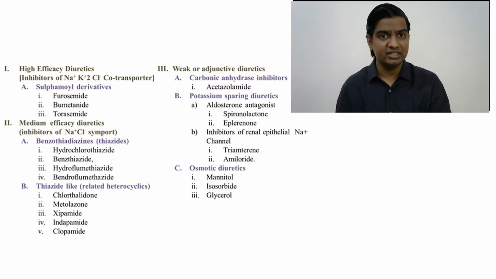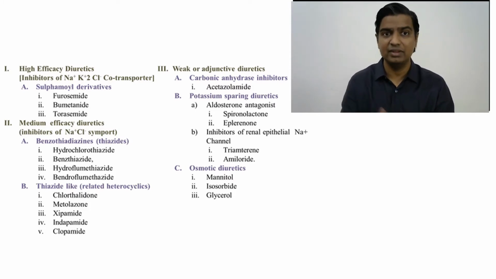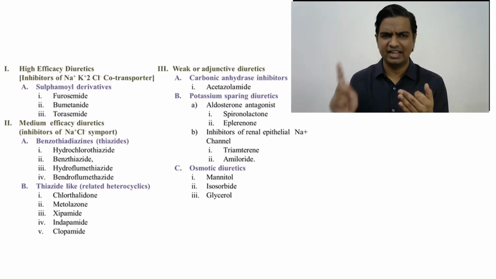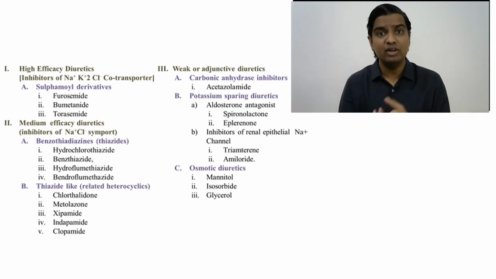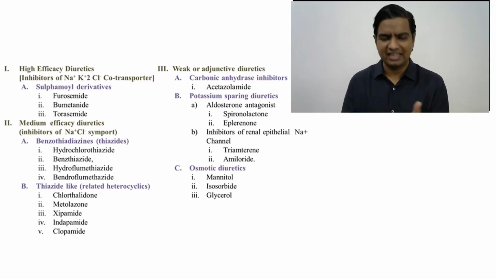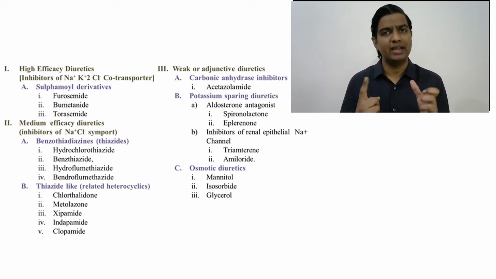The medium efficacy diuretics are the inhibitors of the Na plus chloride symport, which includes thiazides and thiazide-like diuretics. Hydrochlorothiazide, benzthiazide, hydroflumethiazide, bendroflumethiazide, and thiazide-like include chlorthalidone, metolazone, xipamide, indapamide, clopamide.